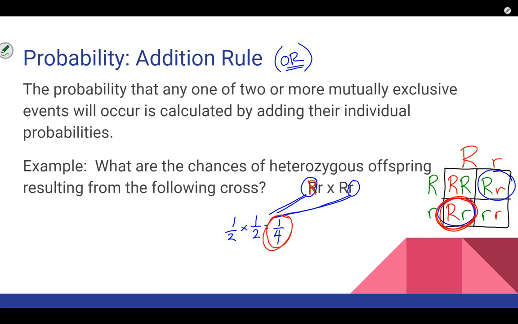But there's another way to get a heterozygous offspring here. We could take the recessive allele from that parent and the dominant here. So the chances of getting this and this would again be 1/2 times 1/2. So there's a 1/4 chance of getting this heterozygote.